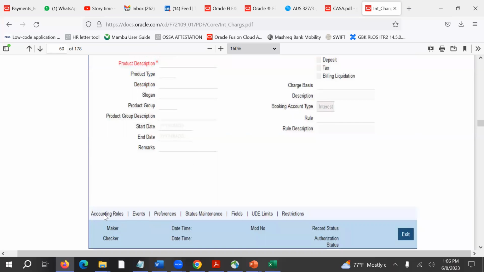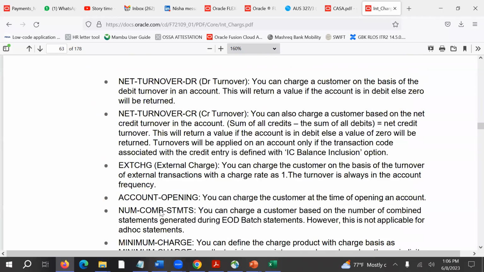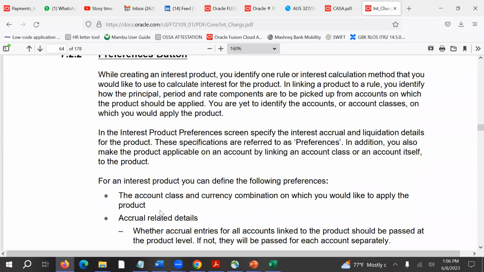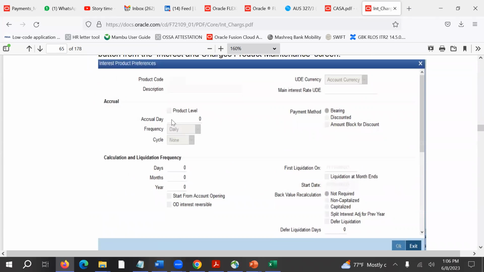So in the accounting role, we attach the GL codes, and for the event we give accrual and ILIC event. And in this preference, we link the account class and currency codes. I'll go to that screen. Here I mention whether accrual is required. This is at the product level. Let's say I have 1,000 accounts.